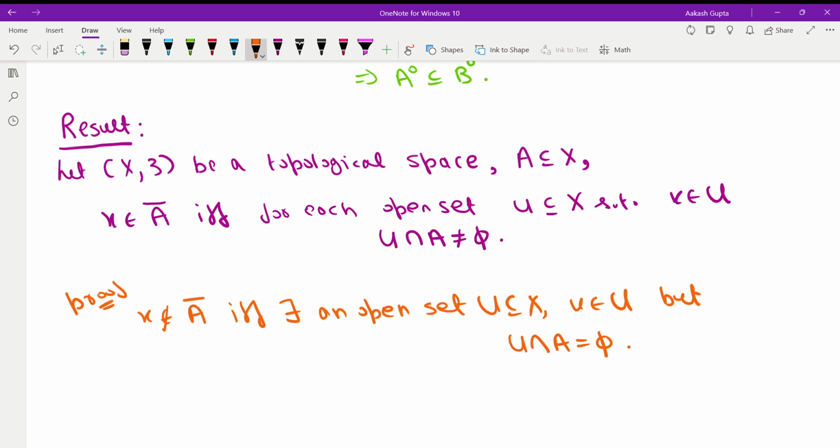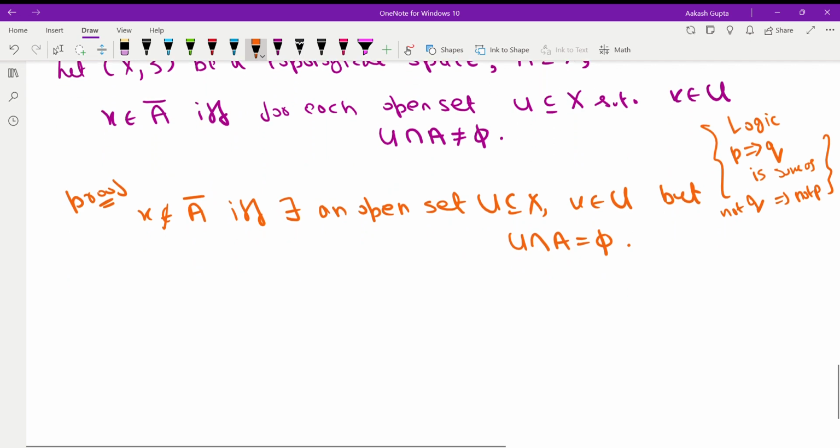This would be the equivalent statement. The logic is: P implies Q is the same as not Q implies not P. So P if and only if Q means not P if and only if not Q, where not Q means the negation of the statement Q.